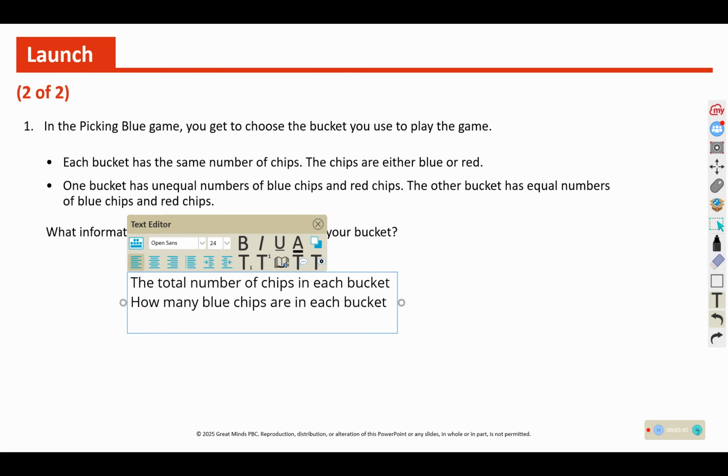You may wonder about the percentage of blue. So with the one that has the equal number of blue and red chips, you would know that it's 50% blue and 50% red. But in the other bucket, it would be helpful to know what percentage are blue, so you can determine if it's greater than 50 or less than 50% for blue.